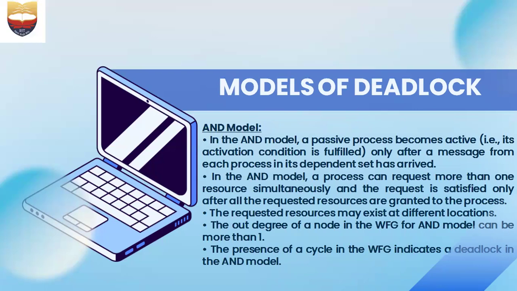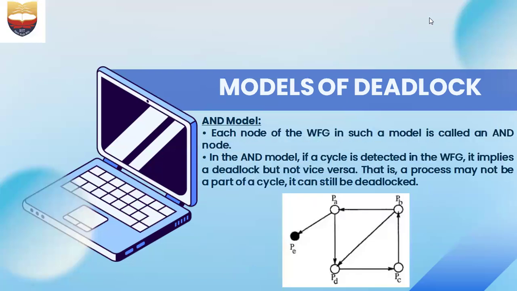The out degree of a node in the WFG for AND model can be more than 1. The presence of a cycle in the WFG indicates a deadlock in the AND model. Each node of the WFG in such a model is called an AND node.